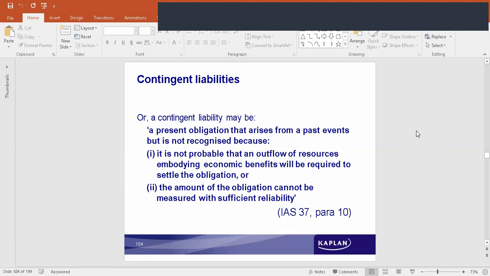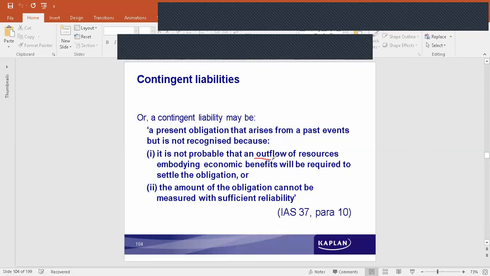A contingent liability may be a present obligation that arises from a past event, but it's not recognized because it is not probable that an outflow of resources would be there, or the amount of obligation cannot be measured.